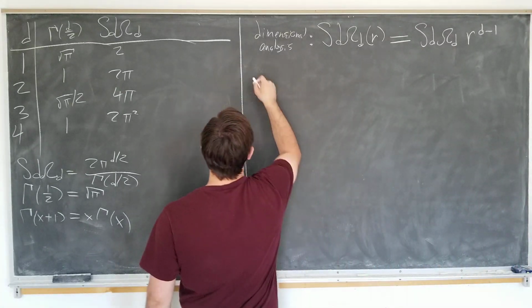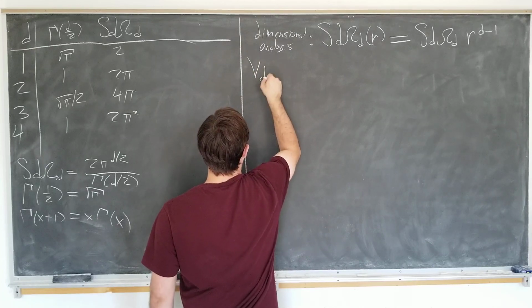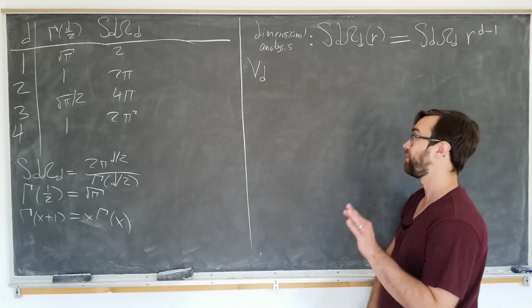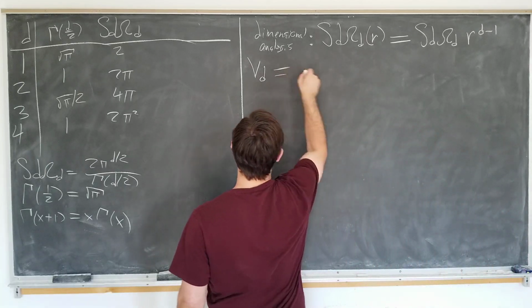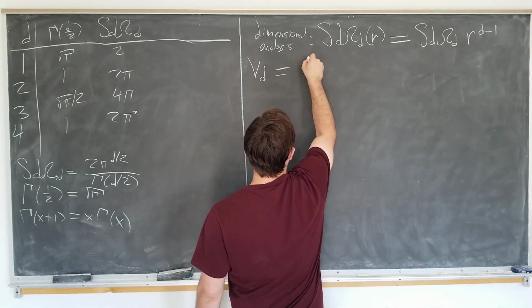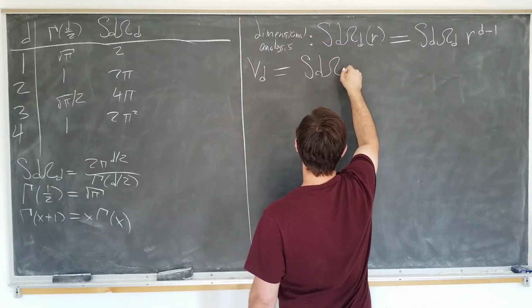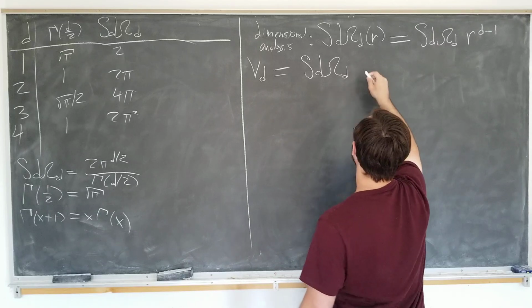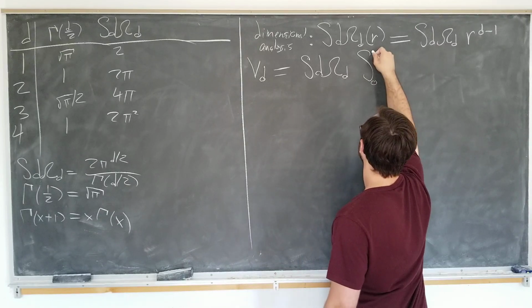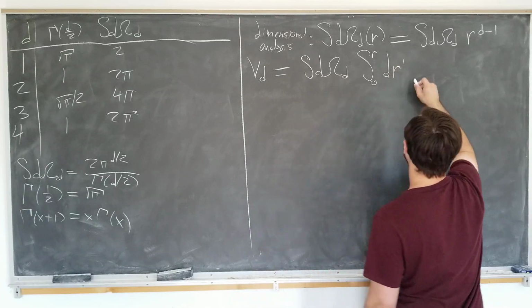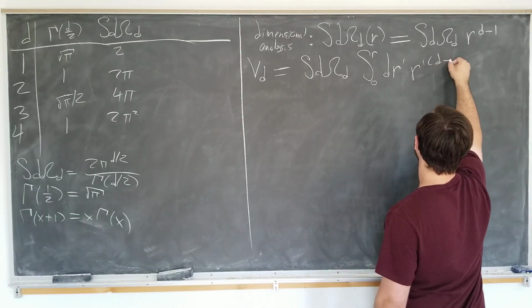So now we're going to compute V_d, get it? Not the venereal disease, just the volume. Don't get scared. This is going to be integrating what we had before, coming out as a constant. Doesn't matter. We integrate from 0 to r of a new variable, which we introduce, r prime, of r prime to the d minus 1.